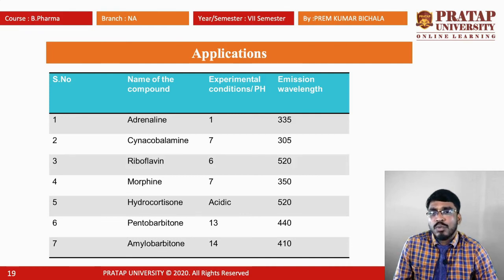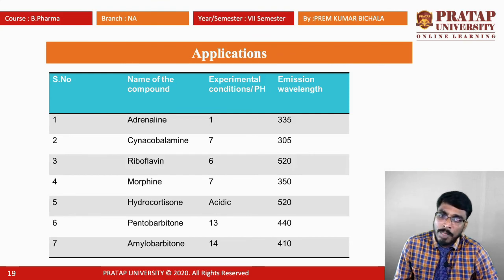Cyanocobalamin and morphine, we can identify these two at neutral pH, where cyanocobalamin has an emission wavelength of 305, whereas morphine has 350, but both are determined at neutral pH.